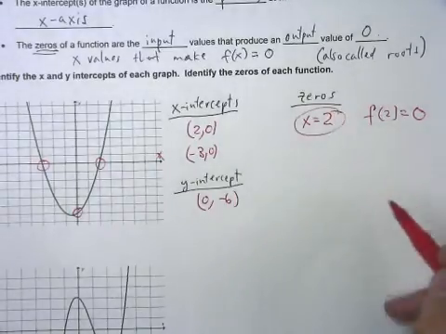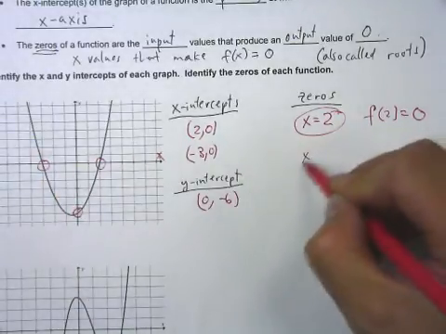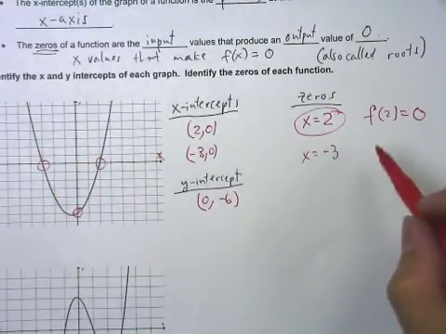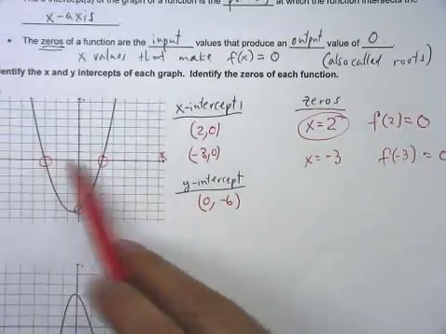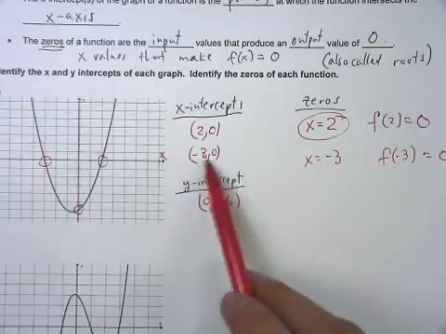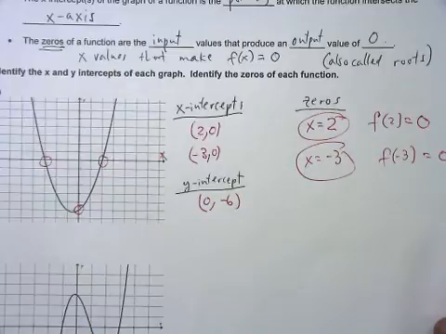So this is our first zero. The second zero is negative 3, because when the input is negative 3, we get an output of 0. You can see that right here: this point, (-3, 0). Input is negative 3, output is 0. Those are our two zeros.